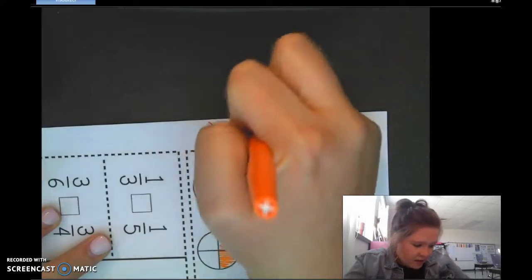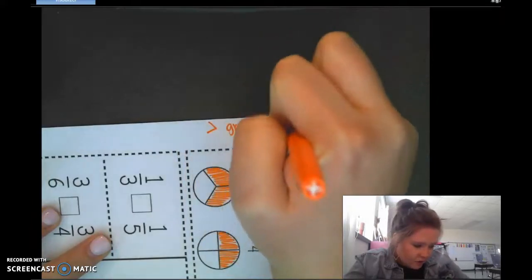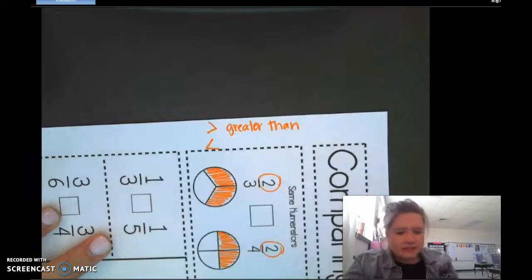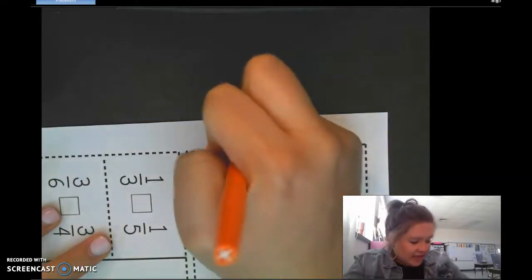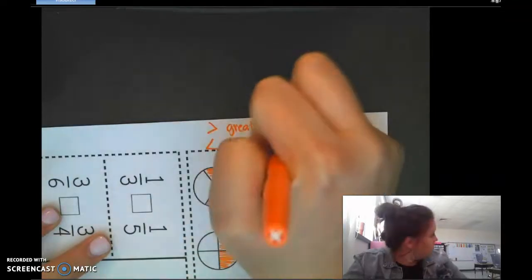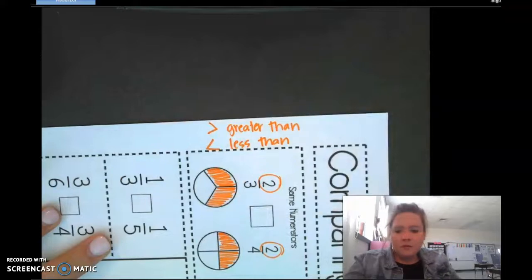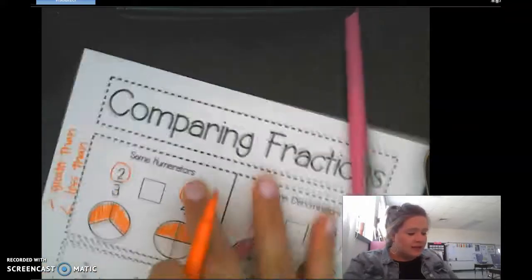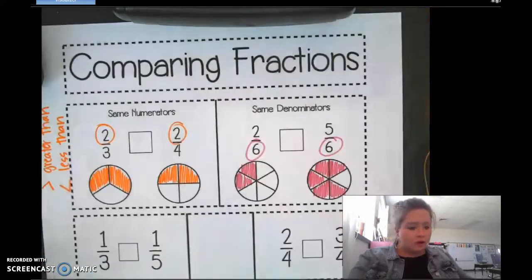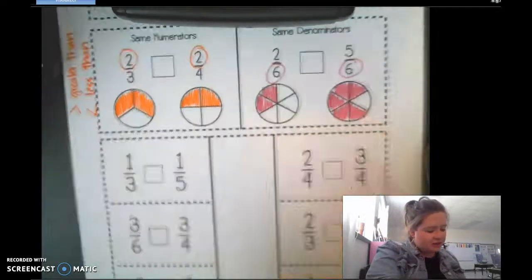Good job. If that's greater than, what's that symbol? That's less than. All right, now let's keep on going, and we're going to be comparing these fractions, all right?